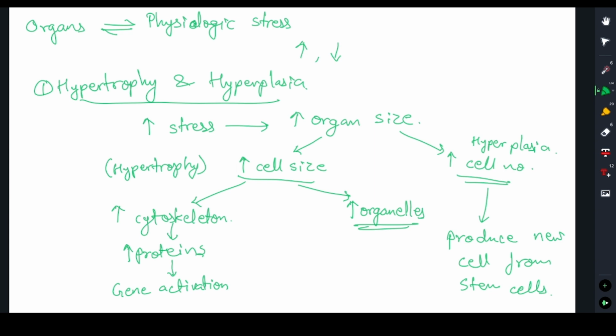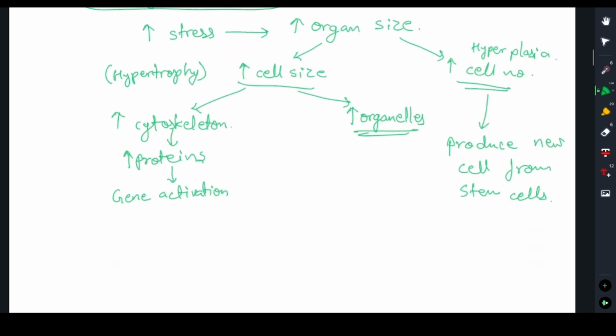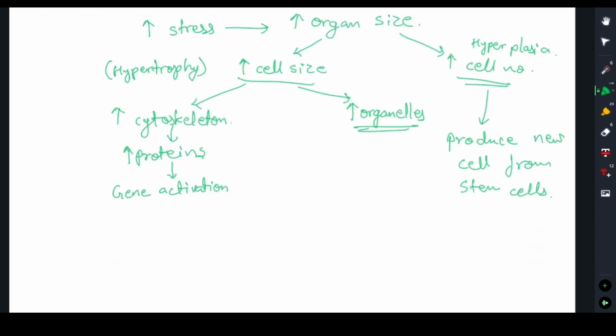You will have more proteins, and hence you will be building more cytoskeleton, which will provide a framework for that extra part of the cell that you need to build to counteract the increase in stress. The second thing you will have to do is increase the number of organelles. Now, increasing the organ size by increasing the cell number is referred to as hyperplasia, and in hyperplasia, you will have to produce new cells from stem cells.